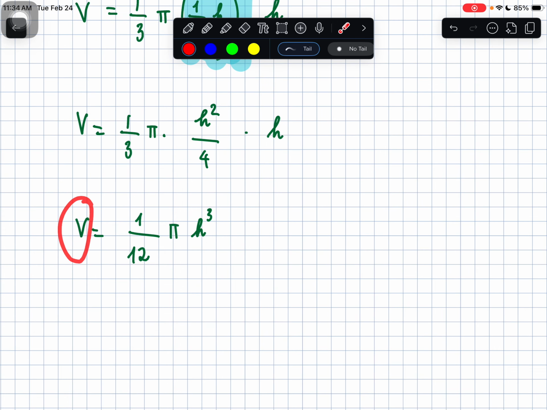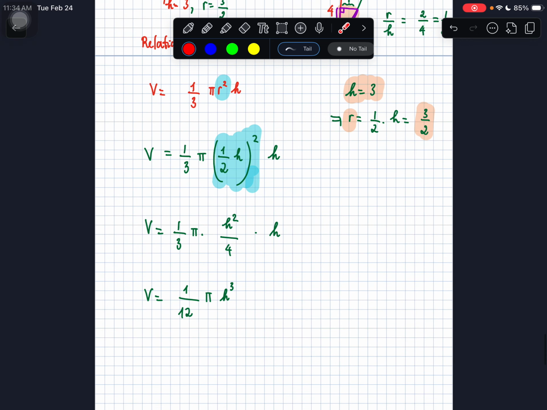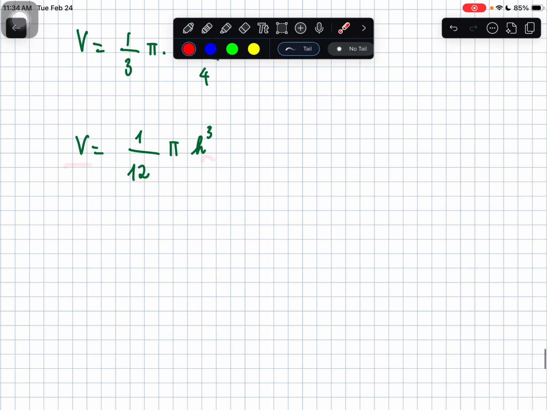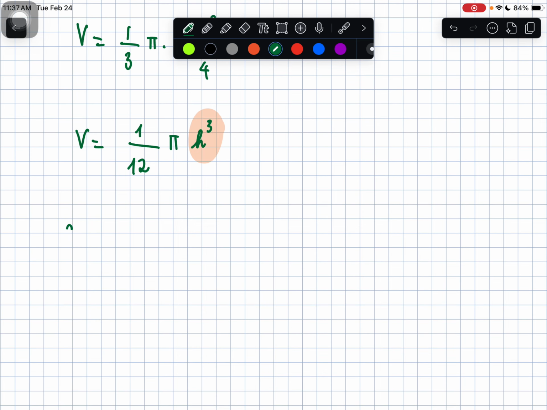Now we only need to do the computation with V and h. So we get rid of the radius because we write in terms of the height. V and h both depend on t. So now we take the derivative. Remember that we need to use the chain rule. dV over dt equals 1 over 12 pi times 3 h squared times dh over dt.